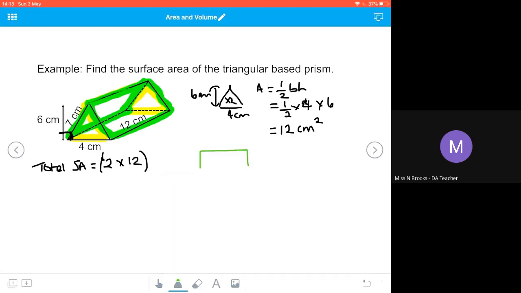So again, we've got 2 of these, and they're 12 centimeters by 7 centimeters. So we know that area equals length times breadth. We've got 12 times 7. That gives us 84. So we're going to add on over here 84, or 2 multiplied by 84.